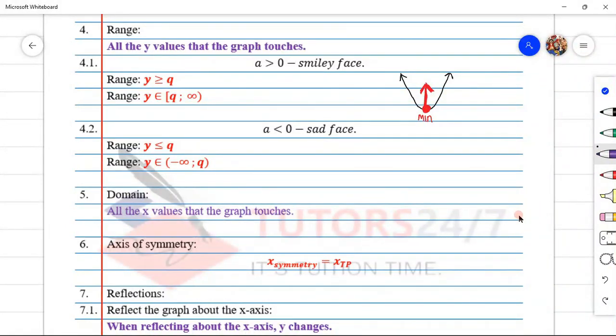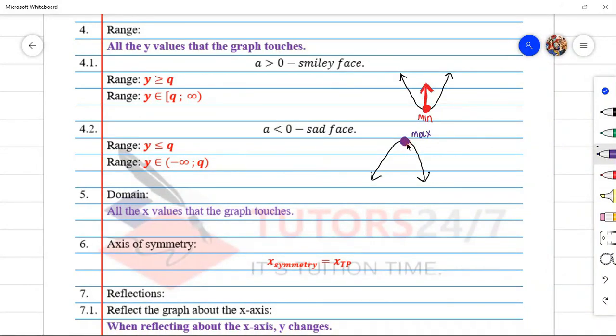Now let's do the sad face one. If our function is in a negative shape, a sad face shape, we have a maximum point, the highest point, represented by q, because q represents the lowest or the highest point in our graph depending on the shape.